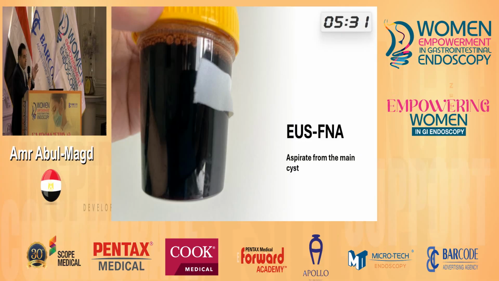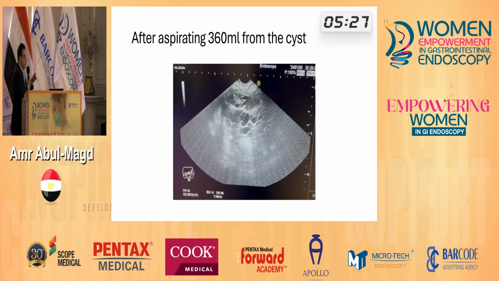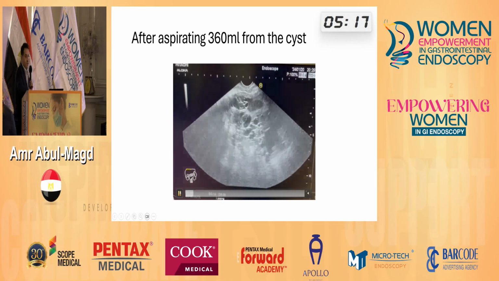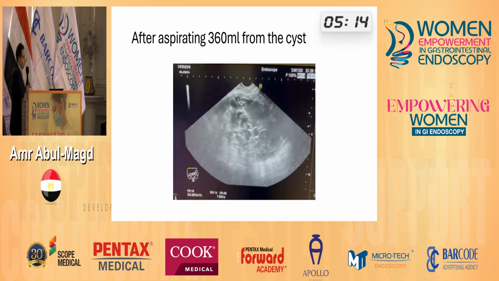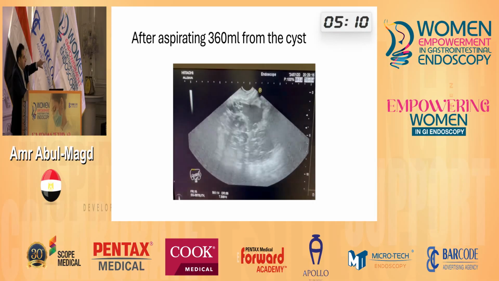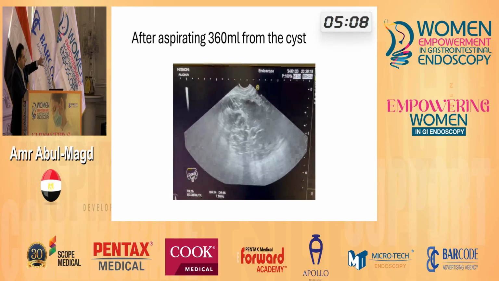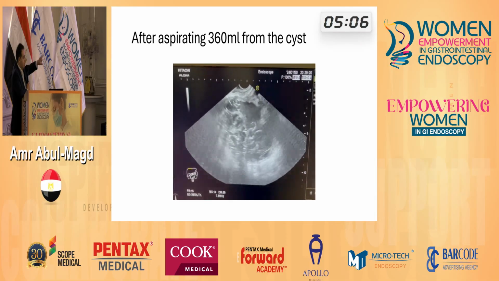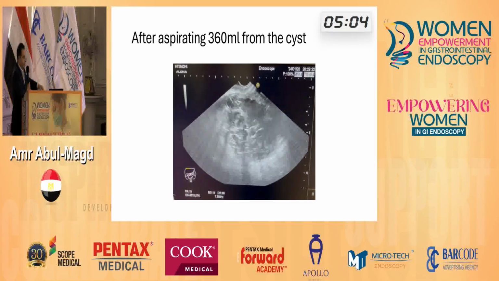This is not the feature of a pseudopancreatic cyst, and I started to completely aspirate this cyst fluid, and this is the feature after aspiration of more than 400 milliliters of this cyst. It started to clarify that the cyst has a markedly thick wall, purely septation, and a transmural nodule. This is not an ideal pseudopancreatic cyst.